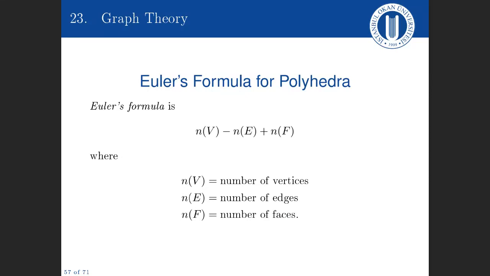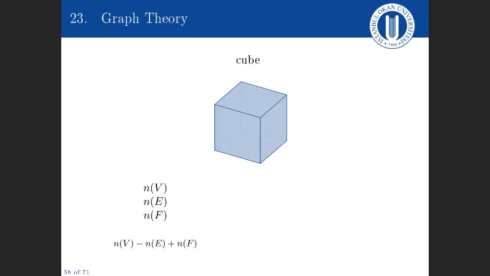Euler's formula for a polyhedron is the number of vertices minus the number of edges plus the number of faces. Let's look at a few simple three-dimensional objects. I want to count the number of vertices, number of edges, number of faces, and then I want to calculate Euler's formula for each one.